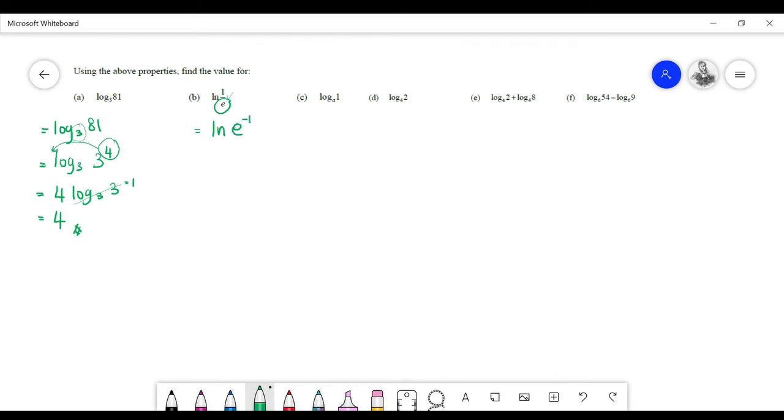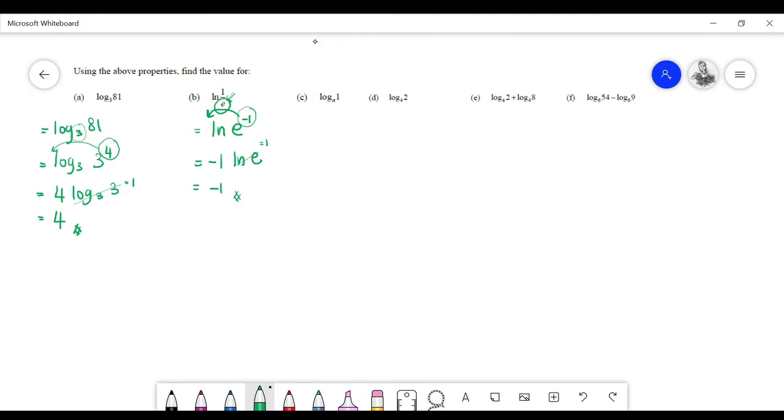Because the power of 1 is silent, bring it up and it is equal to -1. Now bring this -1 to the front, so you can write -1 ln e. Now ln e is equal to 1, so the answer will be -1 only. This is your final answer.